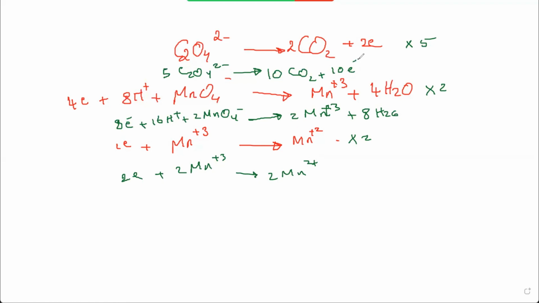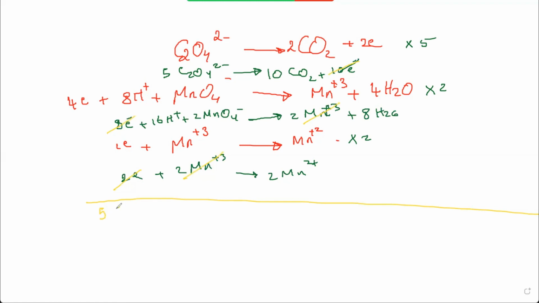So here we have 10 electrons on this side, and this will cancel out 8 and 2. And also we have the 2 Mn3+ on the one side, and we have the 2 Mn plus 3. They'll cancel out. And therefore, you will have the final equation as we're looking at the equations in green.